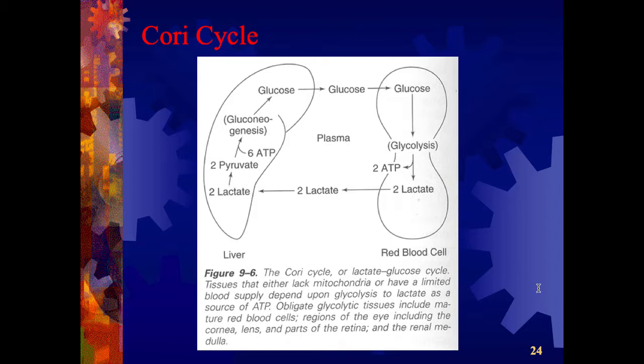Can you explain again why the product of glycolysis is lactate? If it's a red blood cell, it will go glucose to pyruvate, and red blood cells don't have mitochondria, and the enzyme that converts pyruvate to acetyl-CoA is in the mitochondria. So that's their only game in town.